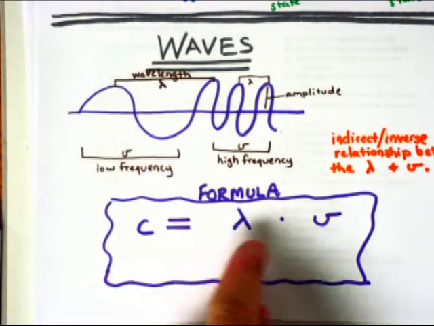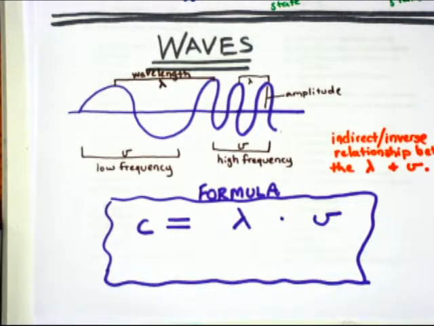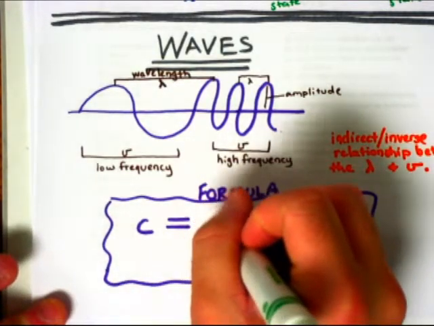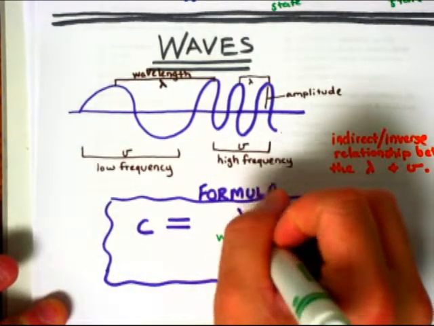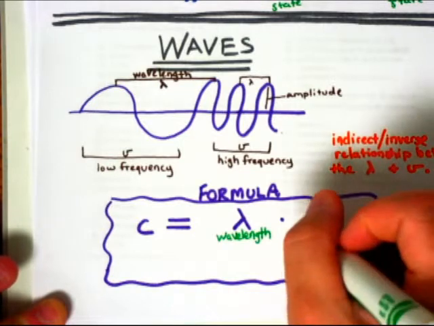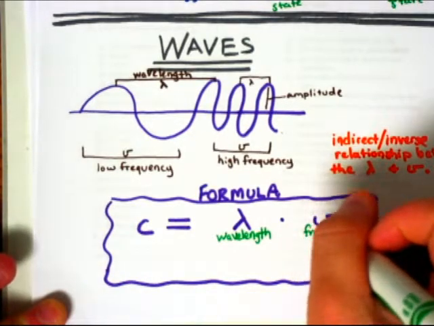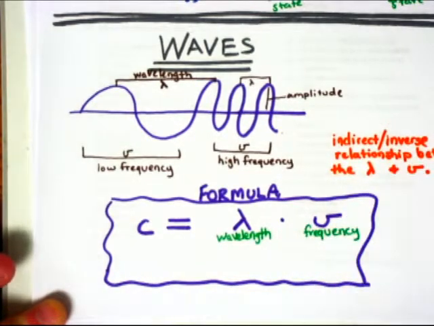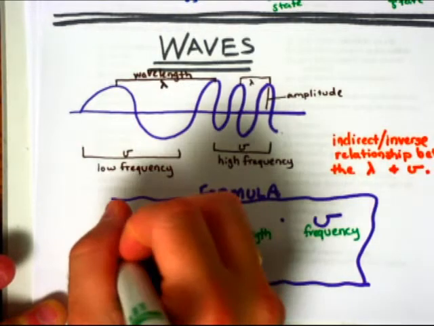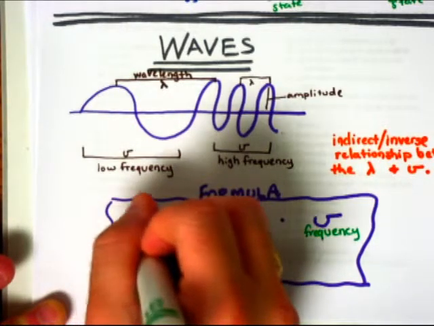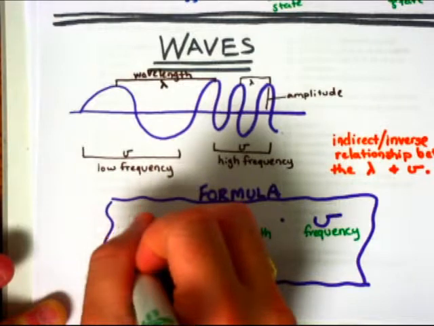So what does the upside down y represent again? Wavelength. What does the v represent? Very good. And what about c? Does anyone know that one? We haven't talked about it yet, though. Speed of light.